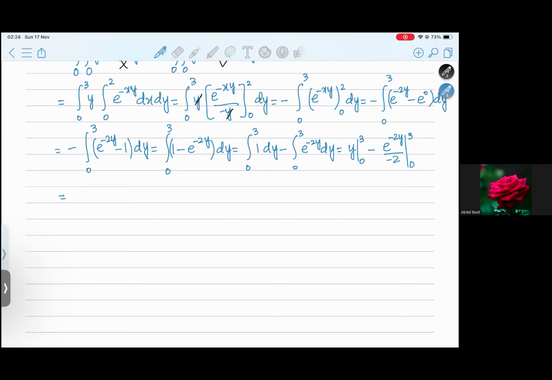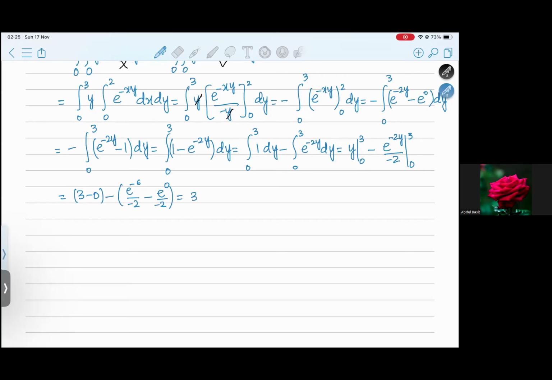In the first one, y is evaluated at 0 and 3, so 3 minus 0, minus: if I plug in y equal to 3 first, I get e to the power minus 6 divided by minus 2, minus if I plug in y equal to 0, I get e to the power 0 divided by minus 2.